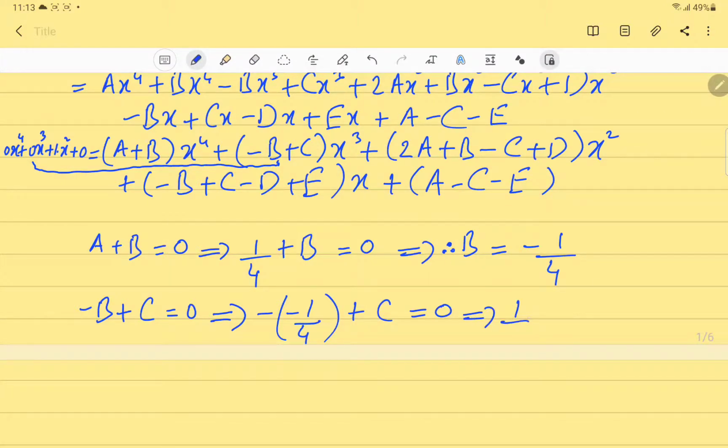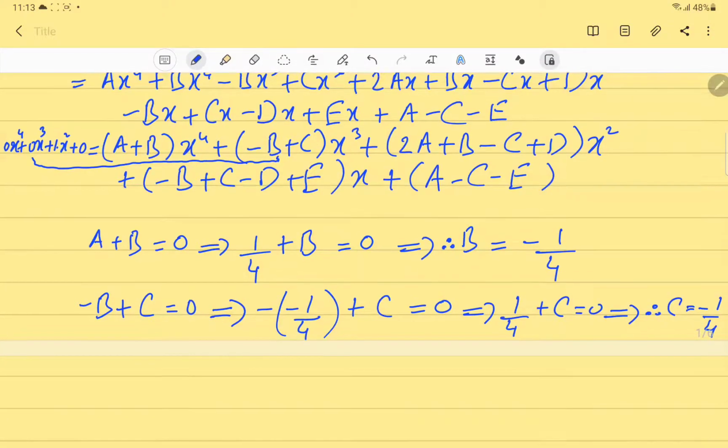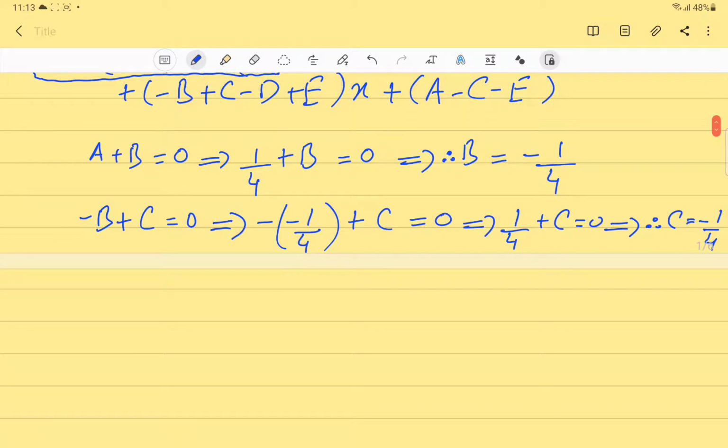So 1 over 4 plus c is equal to 0, which means c is equal to minus 1 over 4. Now we have already calculated three values, a, b and c. Now we will compare both sides.